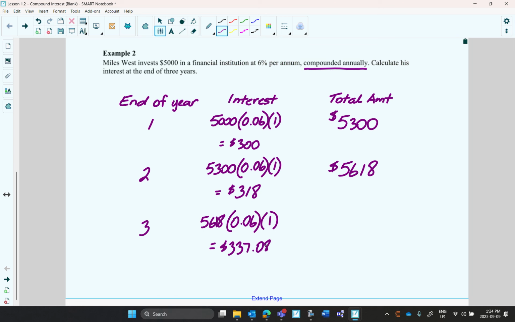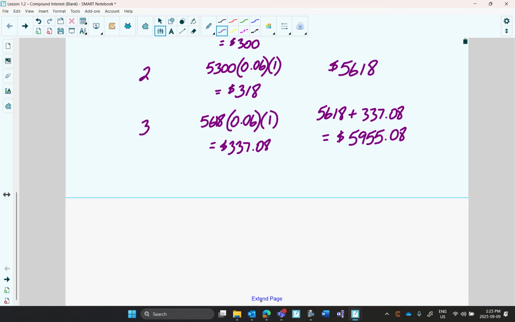How much is his total amount now? Well, it's 5,618 that he had at the end of year 2, plus the interest that he got at the end of year 2, gives me a total amount of $5,955.08. So how much interest did he make?